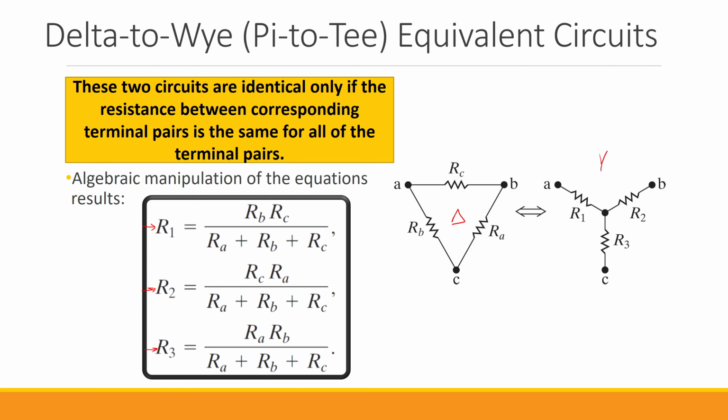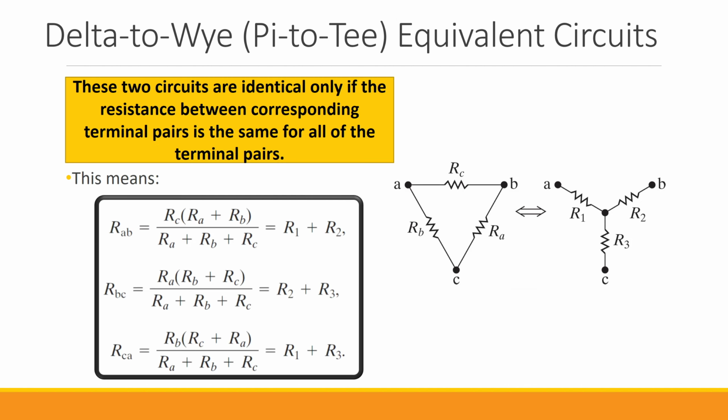The values that you calculate using these three equations would create a separate circuit which for all intents and purposes is equivalent to the first one. Why? Because again, the condition from which we derived these equations was that the resistance between each of the three terminal pairs that we can have are equal for both of these circuits.